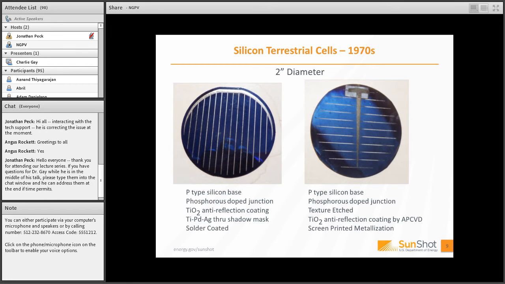By 1976, 1977, a typical single crystal diameter was about 2 inches, and these are a couple of 2-inch cells, one which basically has a thin layer of metallization deposited in vacuum and then plated up with solder in order to carry the current to the edges of the cell. And we had begun to experiment with lower cost metallization using screen printing.